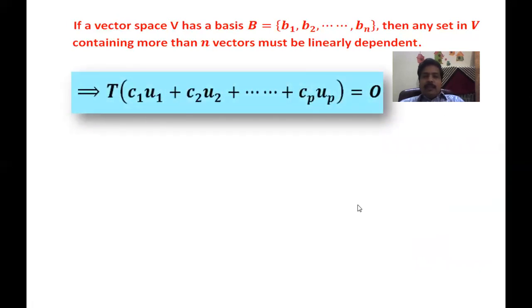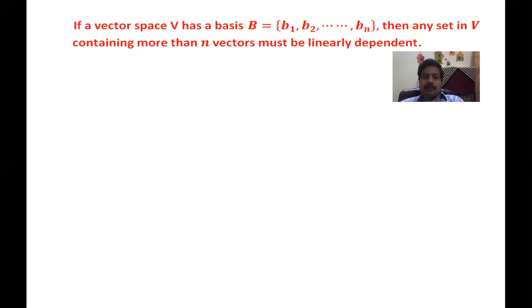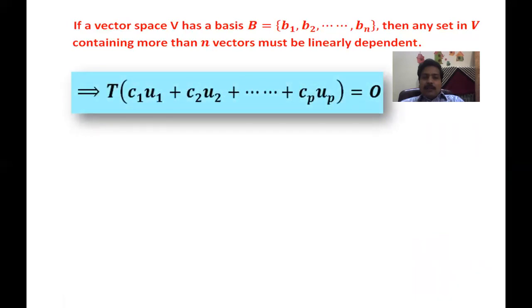Since T is a linear transformation, this relation c1 T of u1 plus c2 T of u2 and so on cp T of up can be written as T of c1 u1 plus c2 u2 and so on cp up is equal to O. O is the zero vector in Rn.